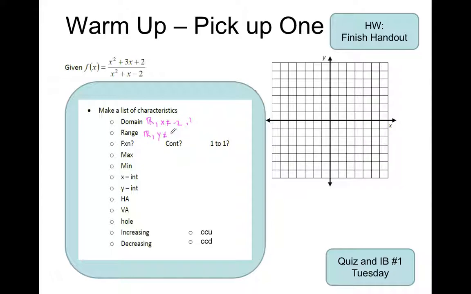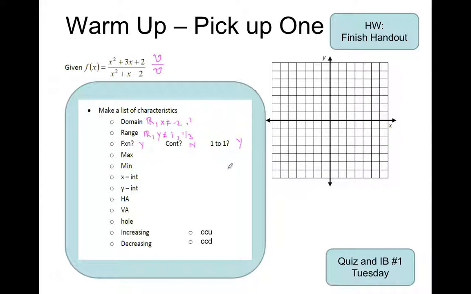We have found out that the y coordinate of the horizontal asymptote and the y coordinate of the hole are not going to be used. Yes, this rational function is a function. This is a parabola divided by a parabola. It is not continuous because the parabola in the denominator has numbers that create 0.